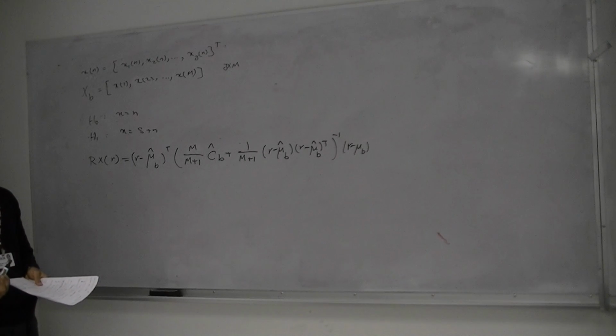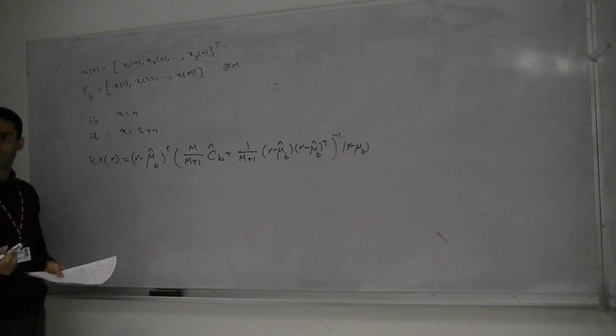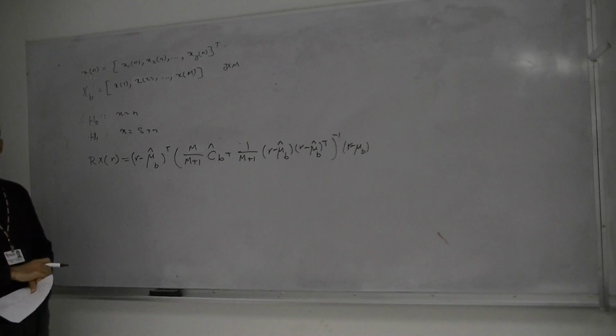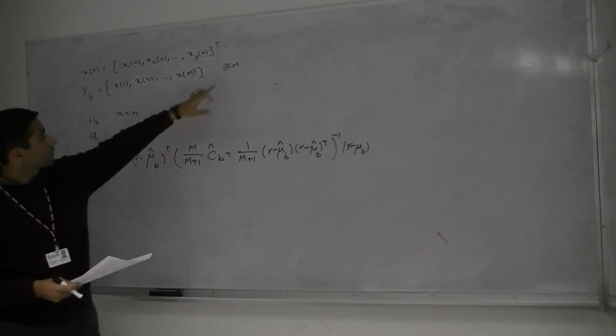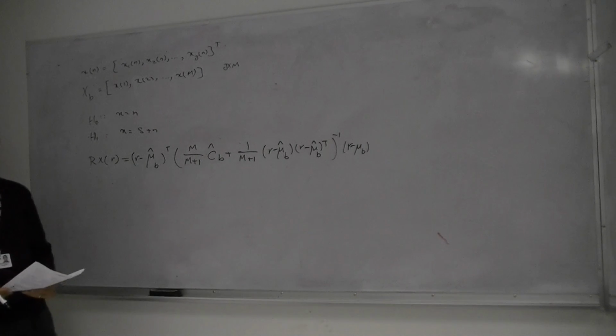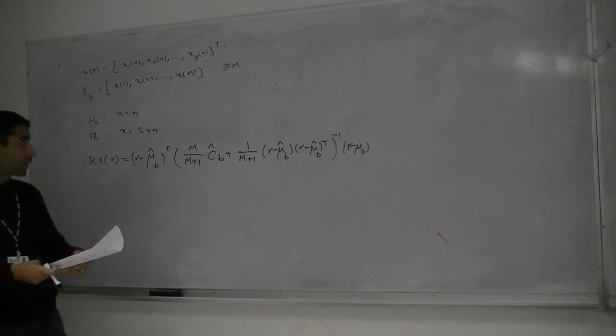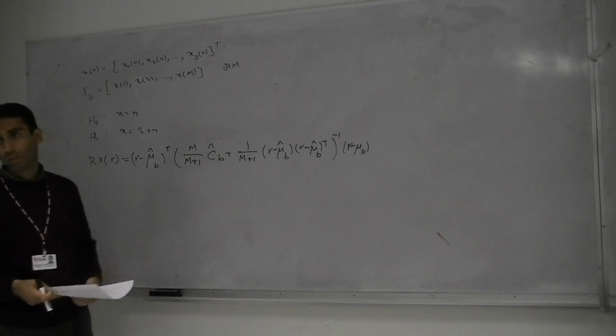You mean the hyperspectral image? Yeah, j is for the different spectrum, and n is for the dimension of the image. N is all of the data that you have. You can reorder the data in one vector, which is the total number of data.